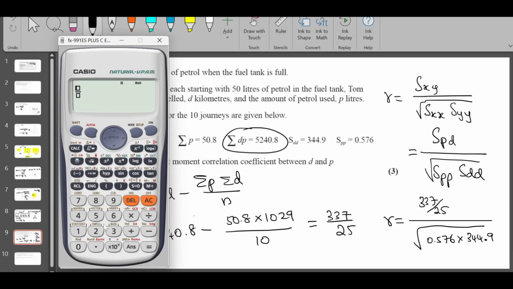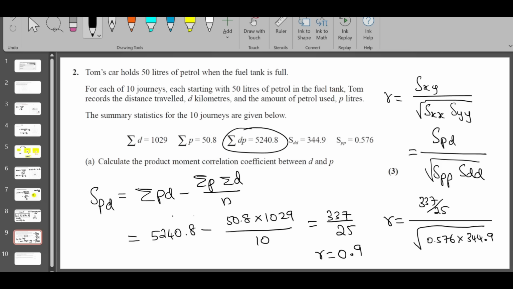So now 337 over 25 divided by square root of 0.576 times 344.9. When you round it to 3 significant figures, R is 0.956. That's the answer for part A.